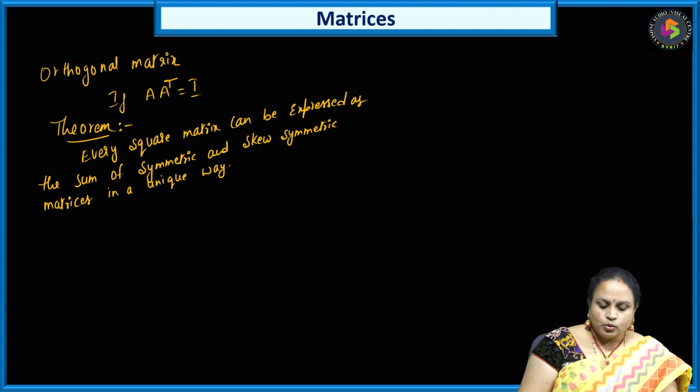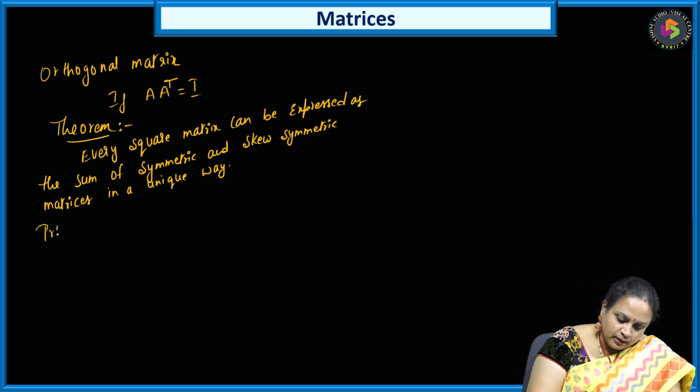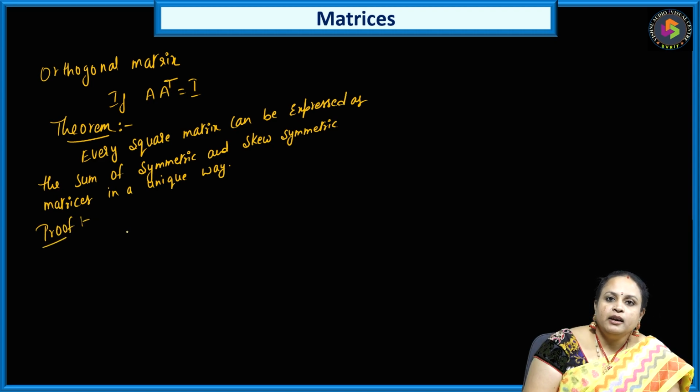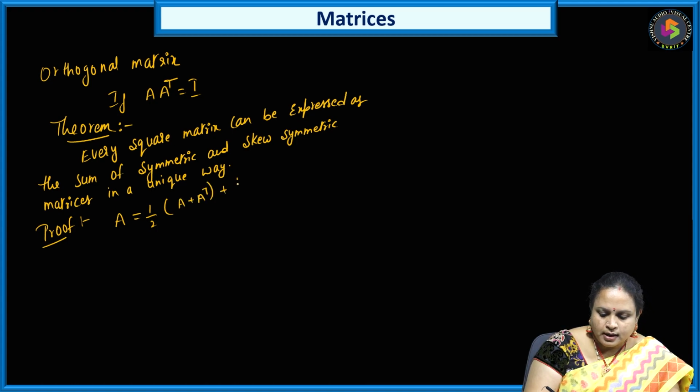So, from this, let A be a square matrix. Let us assume that A is a square matrix. Now, this matrix A, I am writing it as half into A plus A transpose plus half into A minus A transpose.